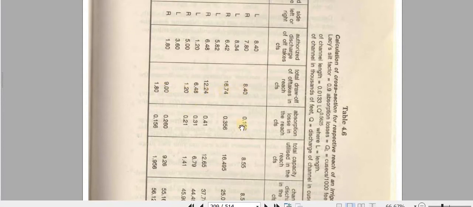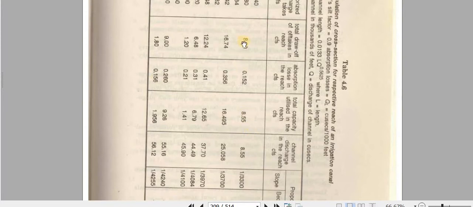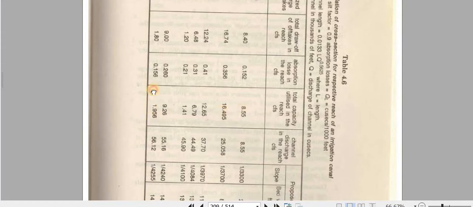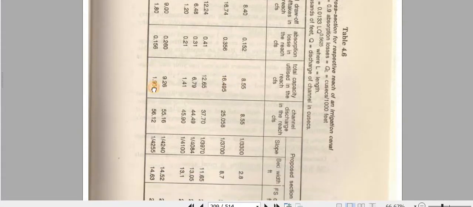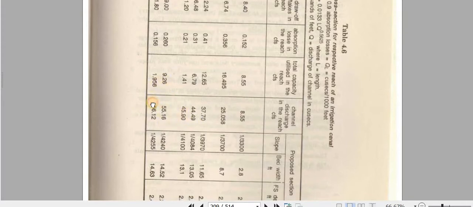Similarly, you have to calculate the losses using this equation, and then total capacity, this one plus this one, this one plus this one, these will be the losses which should be added. Then you have to accumulate this one, 8.55 plus this one, 25 plus 12, 37, 37 plus 6.44, 44 plus 1, 45, 45 plus 9, 55, 55 plus 1, and 56.